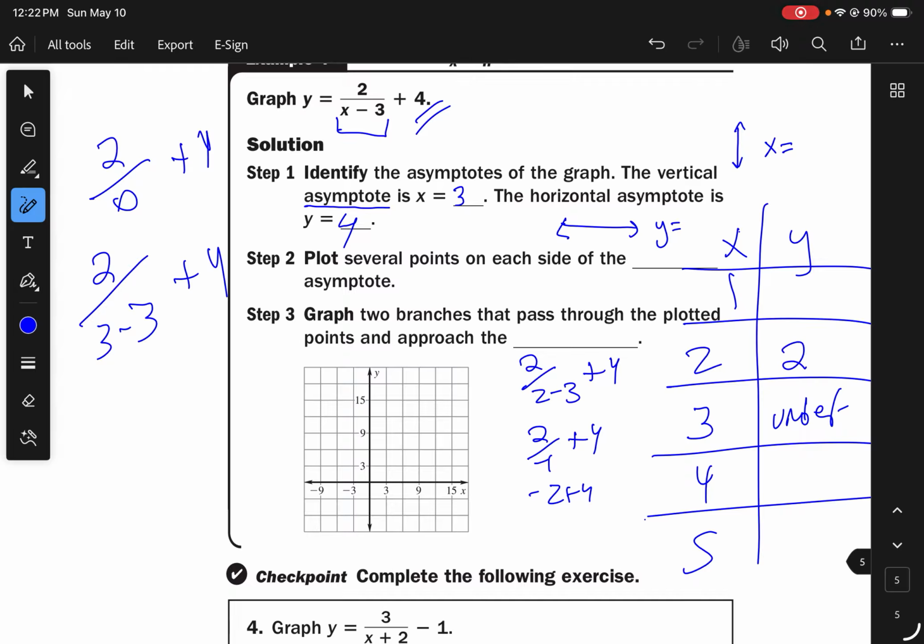This is at positive 2. If I plug in 1, 1 minus 3 plus 4, 2 over negative 2 plus 4 is negative 1 plus 4. So I should be at 1, I'm at 3.